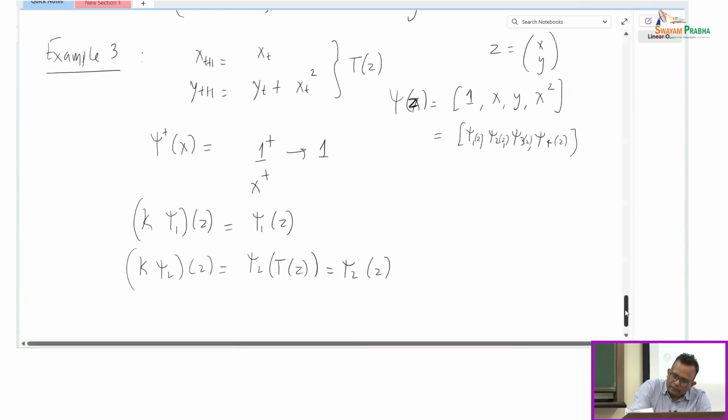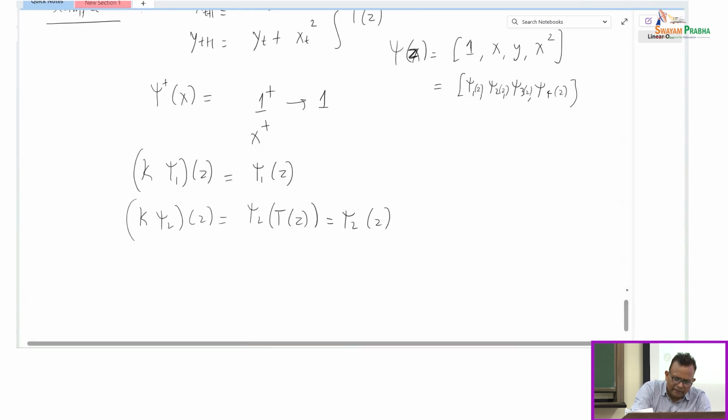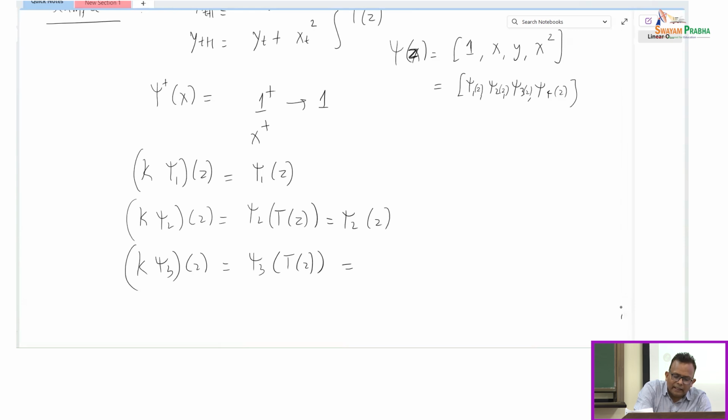I mean, there is an easier way to understand this. Let me do this and then I'll tell you what is happening. So psi 3 of T of z is simply, if you look at this, y plus x square, which is psi 3 plus psi 4. Okay?